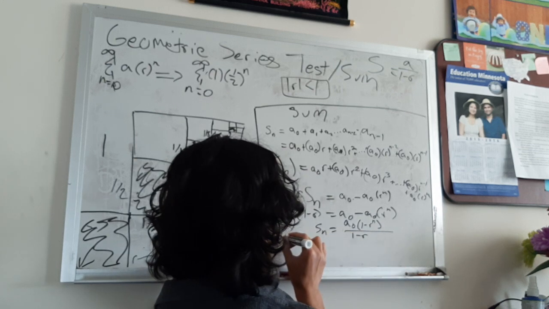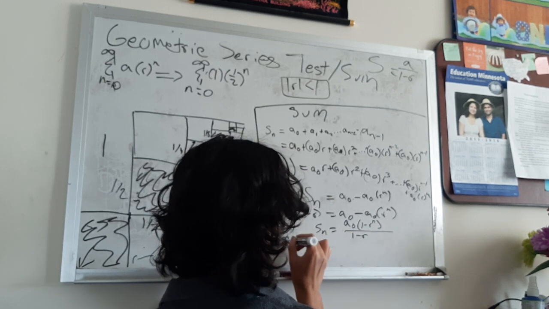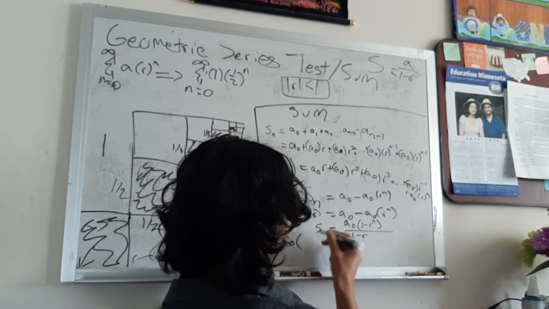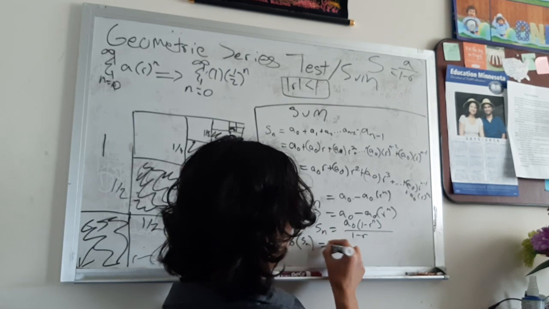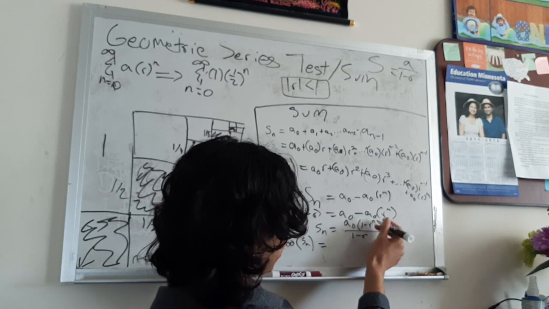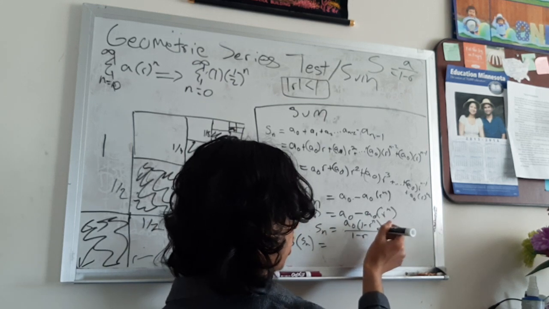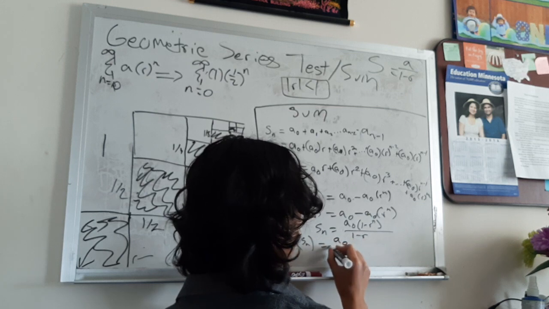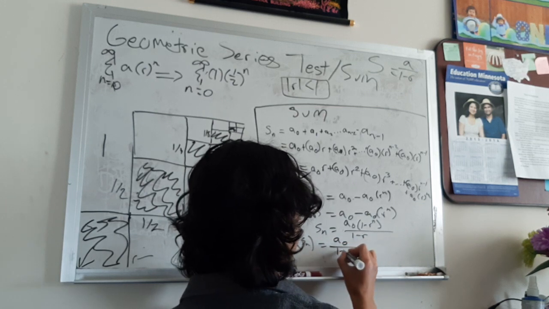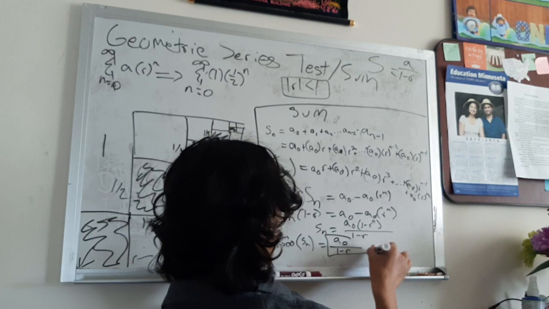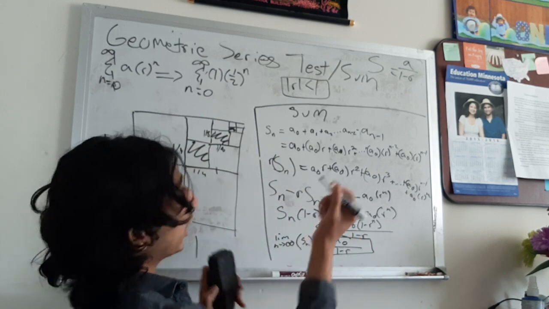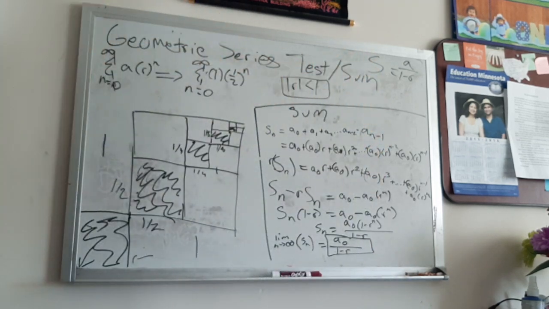Now, if we take the limit as n approaches infinity of S of n, we'll get this going to 0, and then we'll have a naught times 1 minus 0. That'll just be a naught on the top, and on the bottom there's no n, so we'll just get 1 minus r. This is how we get the sum formula for a geometric series.